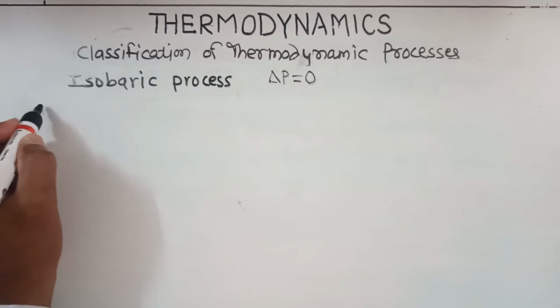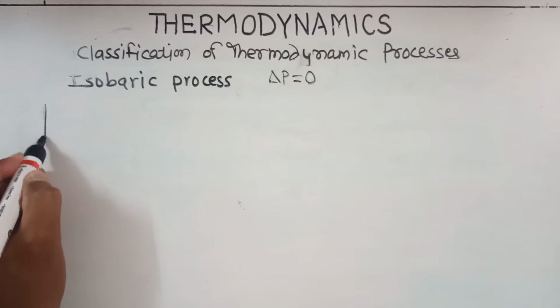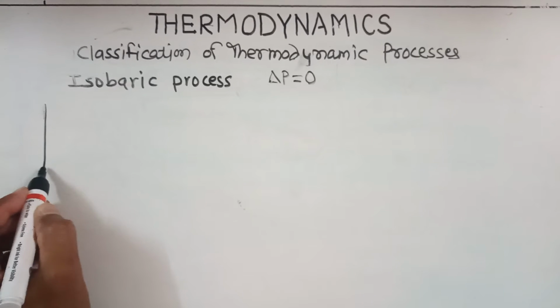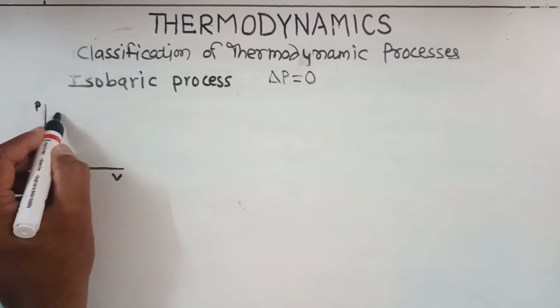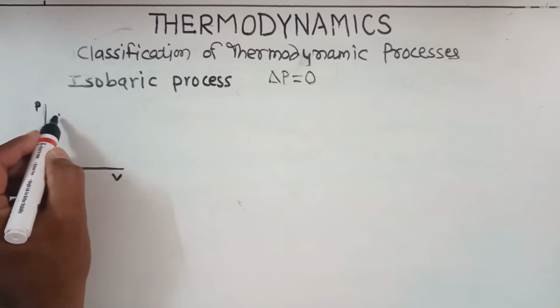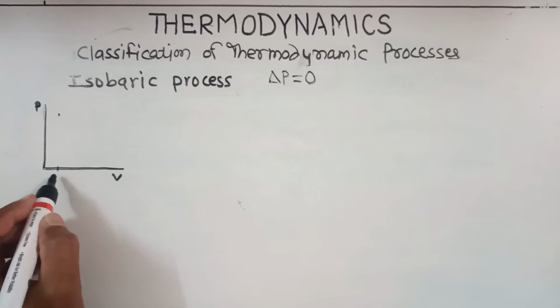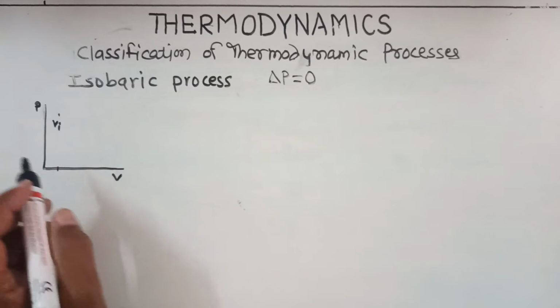Now let's see the PV diagram of this isobaric process. Suppose this is the pressure axis and this is the volume axis. This is the initial state, which corresponds to volume Vi.